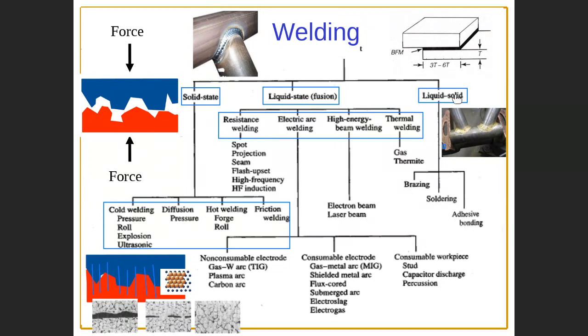Liquid solid: actually, we are not going to melt the two substrates. We will add another material in the middle. This other material we call filler material, which is the black color. So we added another material in between.